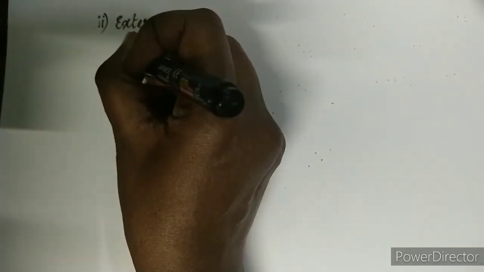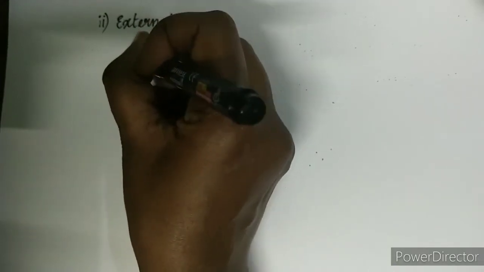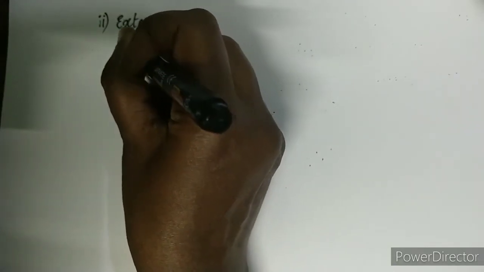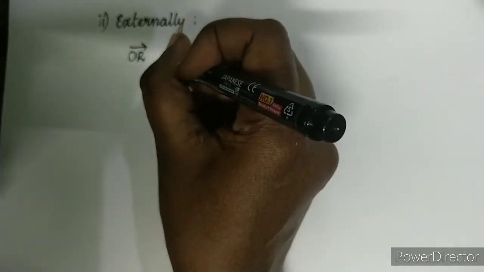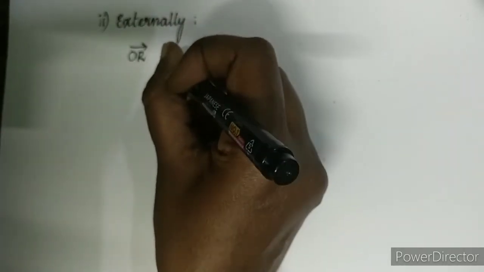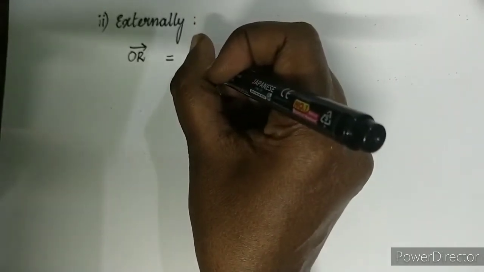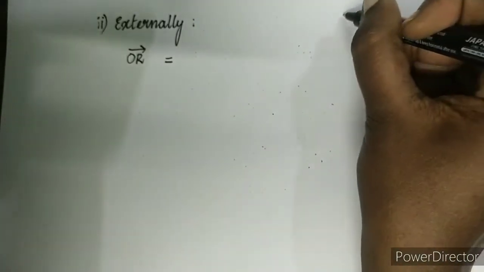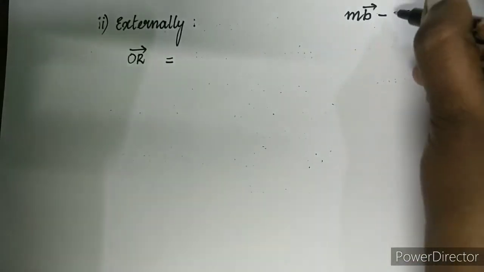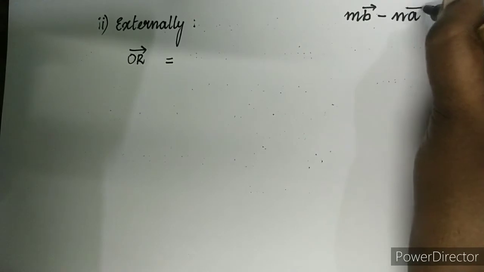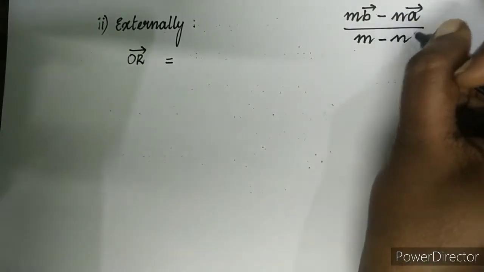So we already know OP and OQ. Now we will find OR vector, which divides the line segment P and Q in the ratio 2:1 externally. We already know the external formula, that is (m b vector minus n a vector) divided by m minus n.